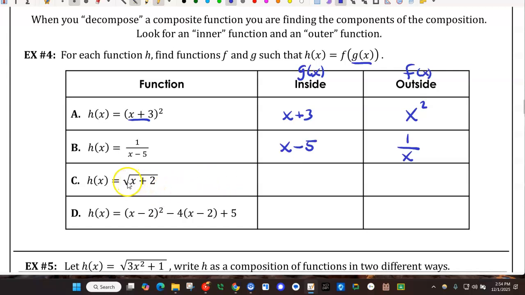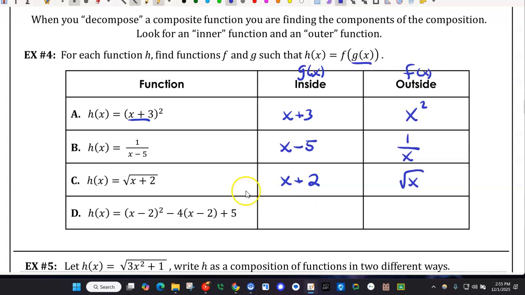And the parent function of square root of x plus 2 is just the square root of x. And of course, we'll substitute in x plus 2. That moves the graph 2 to the right. Square root of x just moved 2 to the right.